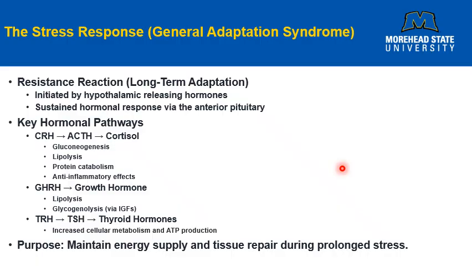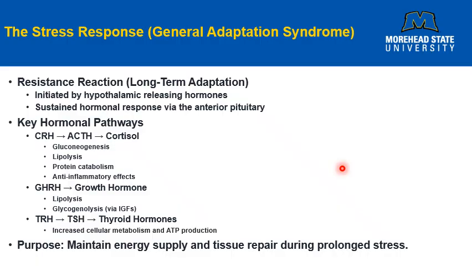GHRH to growth hormone, talked about that as well. TRH to TSH to thyroid hormones. These are all key ones that we've discussed already. Each one of them leads to some form of increase in energy intermediates, whether it be ATP, an increase of supplies such as glucose or amino acids, or metabolism of proteins and fatty acids.